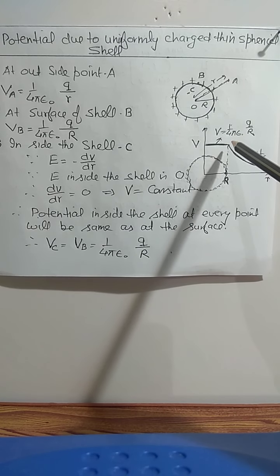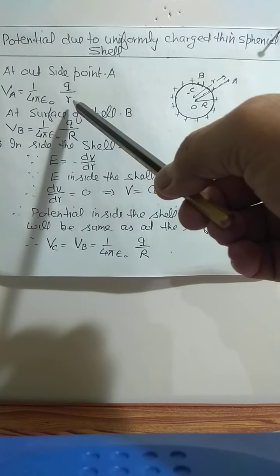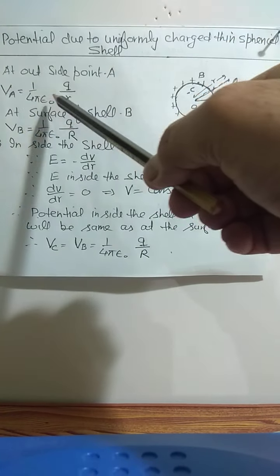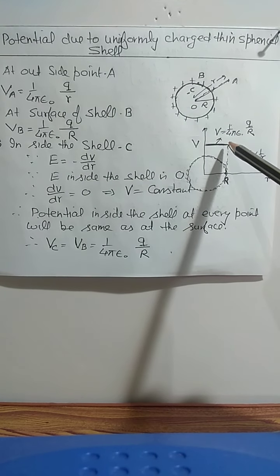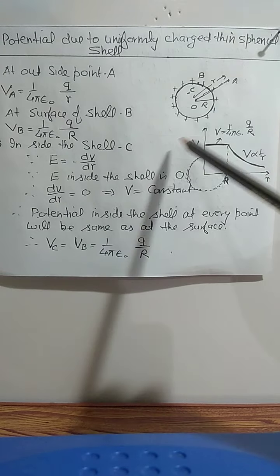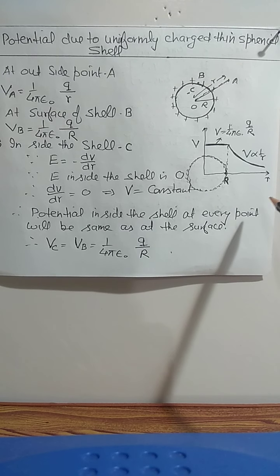And after the surface, it is inversely proportional to the distance, V proportional to 1 by r, and therefore it decreases as shown here. The graph plotted between V and R is like this, and this is different from the graph plotted between capital E and R.